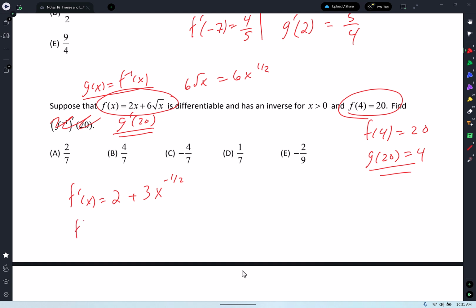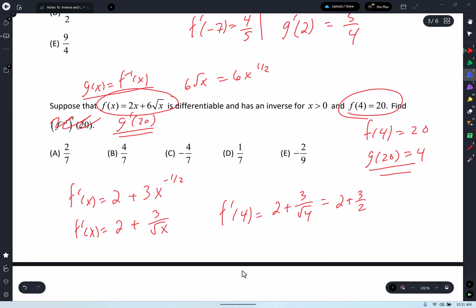So f prime of x equals 2 plus 3 over square root of x. I'm going to plug in a 4. 2 plus 3 over square root of 4, which is 2 plus 3 halves. That 2 I'm going to turn into 4 over 2. And 4 plus 3 is 7. 7 halves.